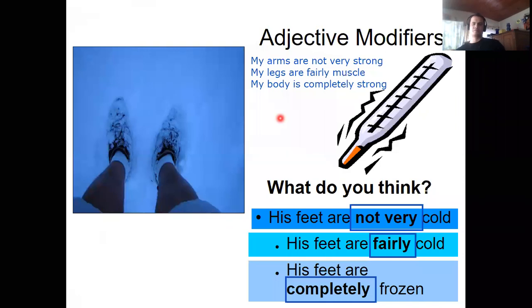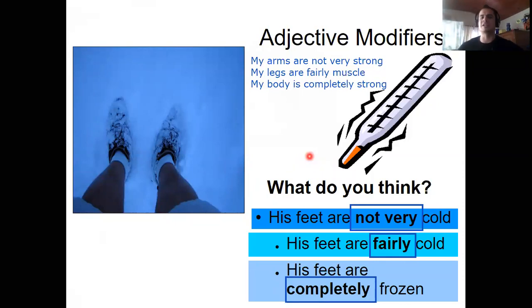Mis piernas son. ¿Quién le ayuda a Matías con fairly? ¿Qué es fairly? Bastante. Yo, mister. Bastante musculosas. Okay, very good, excellent. Mis piernas son bastante musculosas. Very good, excellent, Matías. You got it. Bastante. Don't forget the meaning of it. No se les olvide el significado de cada palabra, right?